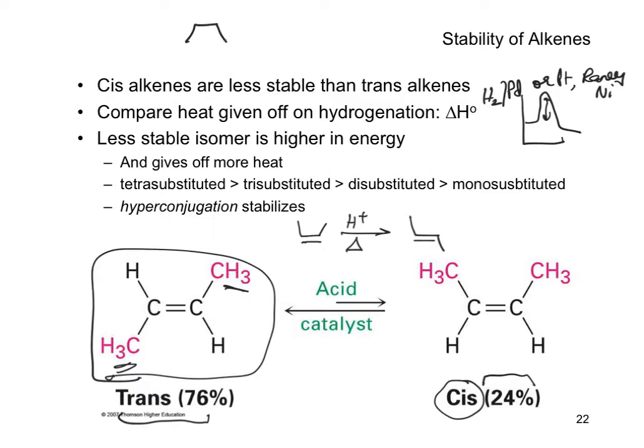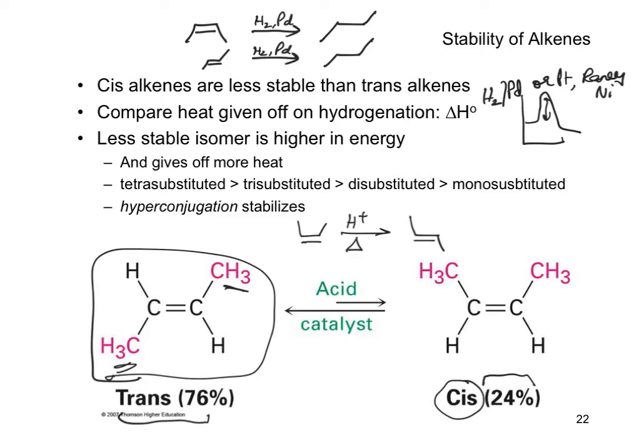So let's say I have a cis-2-butene and I treat that with H2 and Pd. It should give me an alkane. And if I have a trans molecule with hydrogen and palladium, it would also give me the butane molecule. It's the same product that is getting formed by both of your starting alkenes.